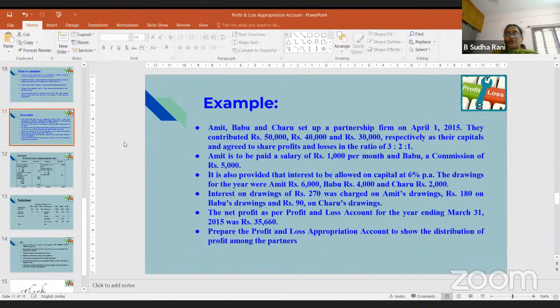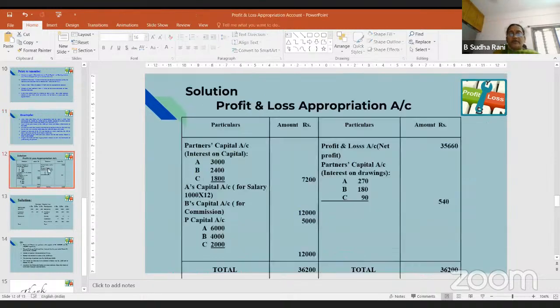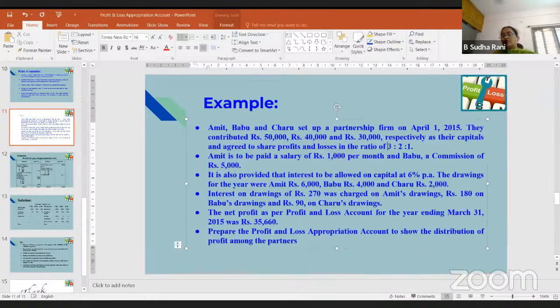In what ratio? In the question, it is given that partners share the profits in 3:2:1. So we need to distribute that 12,000 to these partners in the 3:2:1 ratio. The total is 3 plus 2 plus 1, which is 6.